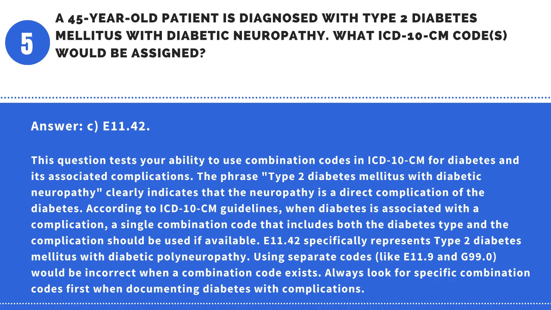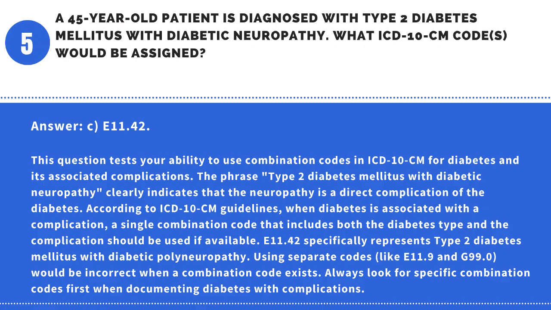E11.42. This question tests your ability to use combination codes in ICD-10-CM for diabetes and its associated complications. The phrase type 2 diabetes mellitus with diabetic neuropathy clearly indicates that the neuropathy is a direct complication of the diabetes. According to ICD-10-CM guidelines, when diabetes is associated with a complication, a single combination code that includes both the diabetes type and the complication should be used if available.